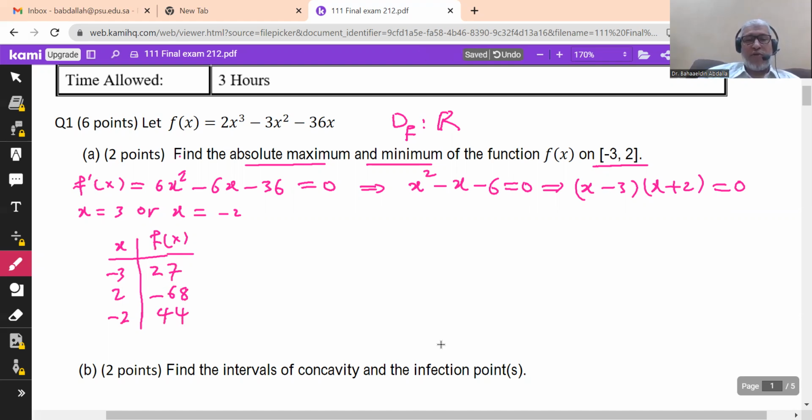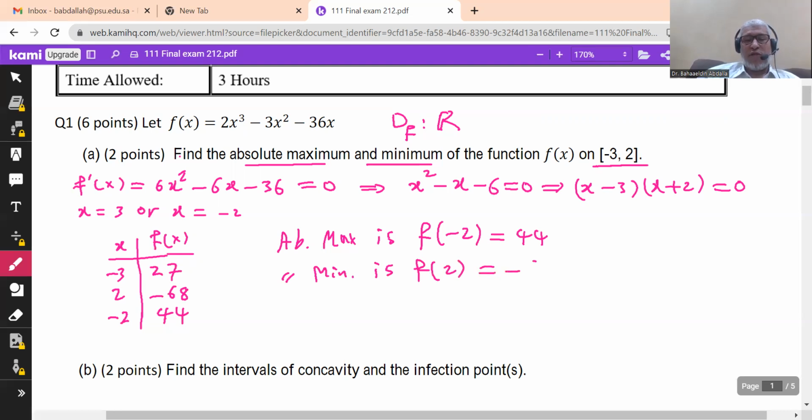Now, the absolute maximum is the greatest number here, which is 44. So we can say that the absolute maximum is f of -2, which is 44, and the absolute minimum is f of 2, which is -68, because it is the smallest number.